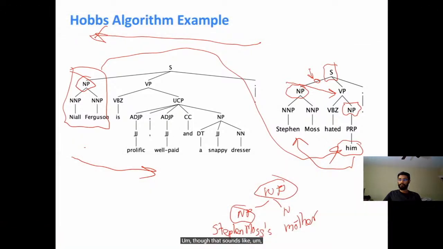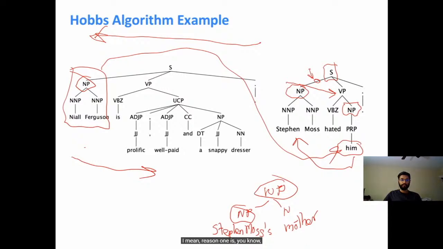Though that sounds like horrible handwritten stuff. So Jerry Hobbs was aware that this was horrible handwritten stuff, but he was interested in this algorithm for a couple of reasons.